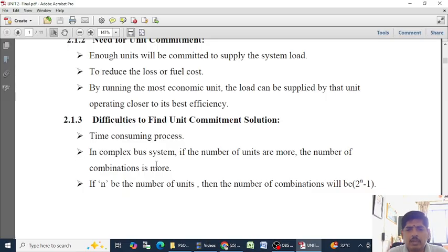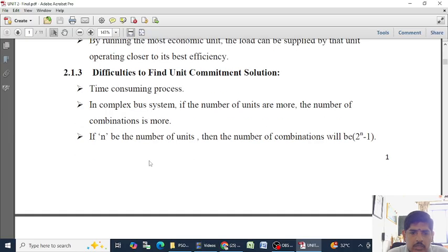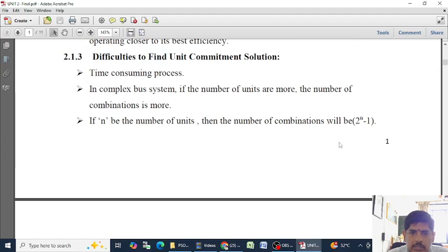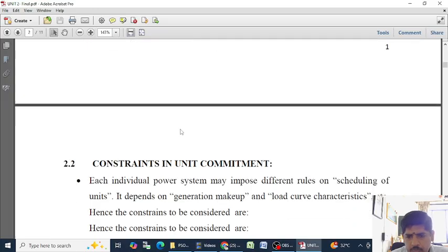It's a complex bus system. If the number of units is more, the number of combinations is also more. If n is the number of units, then the number of combinations will be 2^n minus 1. These are some of the difficulties in unit commitment solutions.